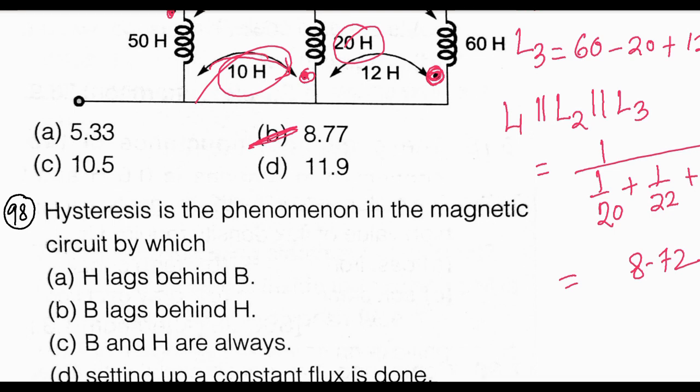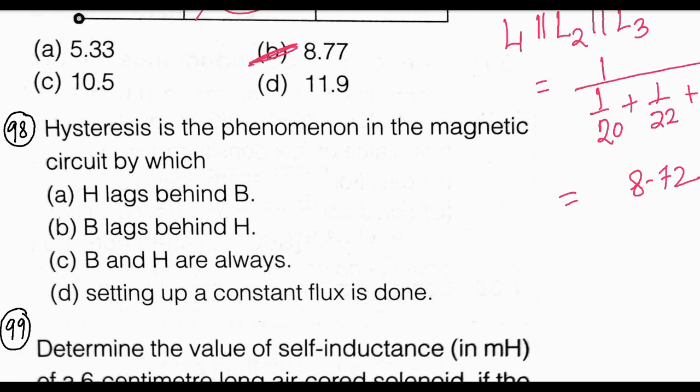Next question is hysteresis. Hysteresis is the phenomenon in the magnetic circuit by which, the answer here is B lags behind H. How?